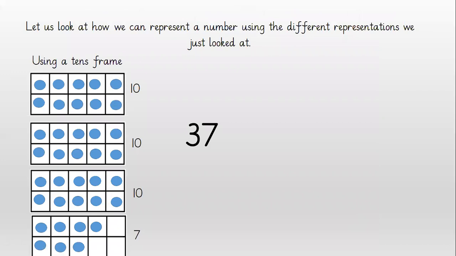Now, looking at all the different representations we have, we are going to look at one number. I've chosen number 37. You could do it with me, and you could choose a different number. So using the tens frame, I know I've got 3 tens. So if I look at my tens frame, I've got 1, 2, 3 tens, and then I've got 7 ones. So that makes 37.